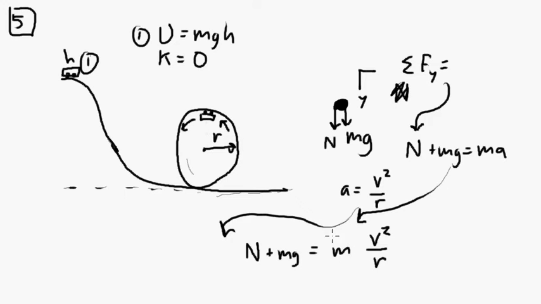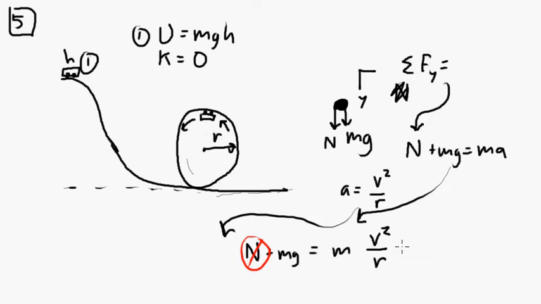It needs some acceleration downwards. So the slowest it can be going, the case right before it loses contact and falls off, is where the normal force is 0. So let's say the normal force is not there, and that'll give us the lowest possible v that we can have and have this work.